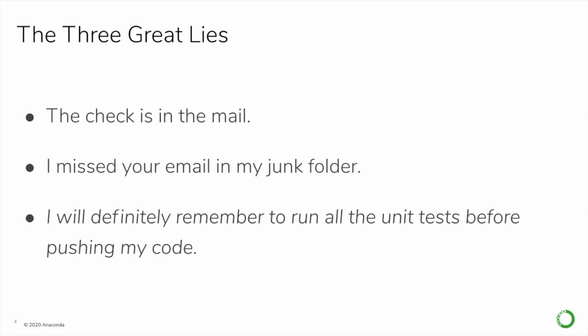Now, the reason we have to go beyond just having a test suite is because one of the lies we tell ourselves as developers is that once we have a test suite, we'll always remember to run it before we commit our code. But we'll make a quick change and we'll be like, oh yeah, I'll totally remember to run the whole test suite before I push. And inevitably we forget. And even knowing everything I've written in this talk, I have made this mistake many, many, many times.